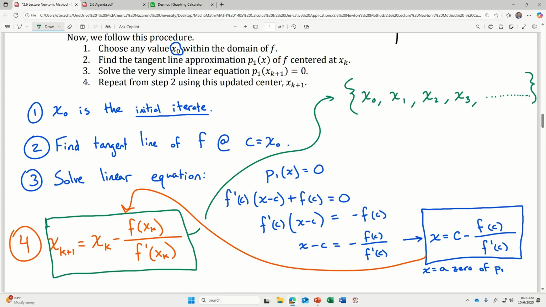And the hope is everybody sits around and crosses their fingers, and we really, really hope that this sequence of numbers is getting closer and closer to the true 0 of my f function.